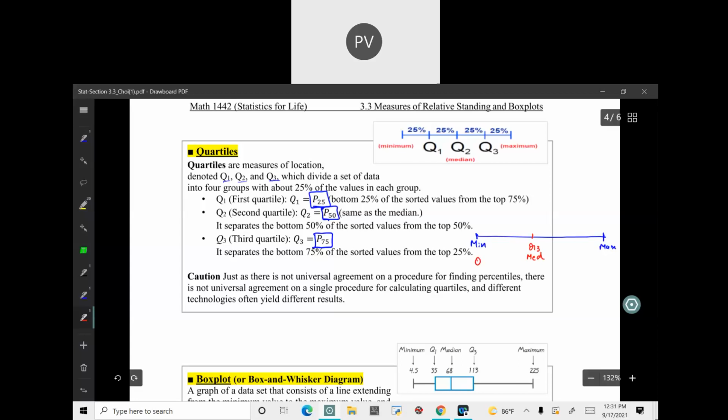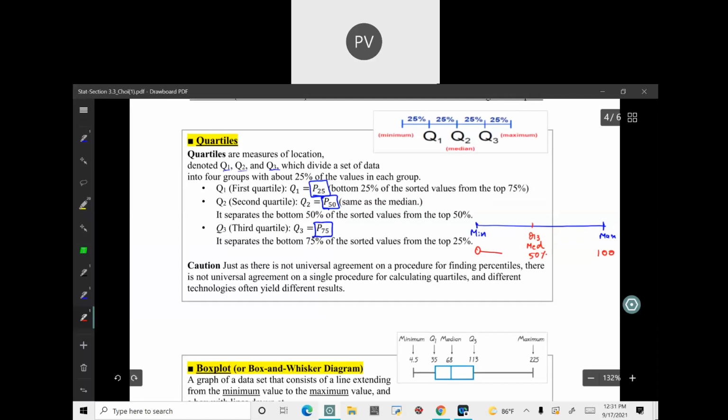Okay, now I have from 0 to 100. When I say median, it is the 50th percentile, right? So this is 50%. The starting percentage would be, take a median between 0 to 50. That would give you 25 percent. Median from 50 to 100 would give you 75%. Now these three values are called your Q1, Q2 and Q3, which is nothing but P25, P50 and P75.